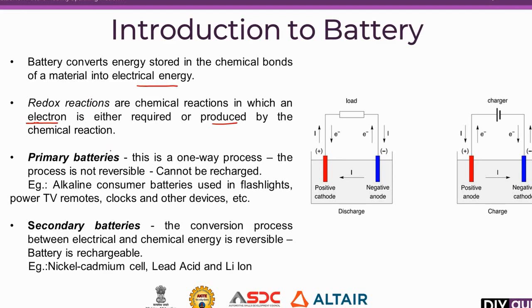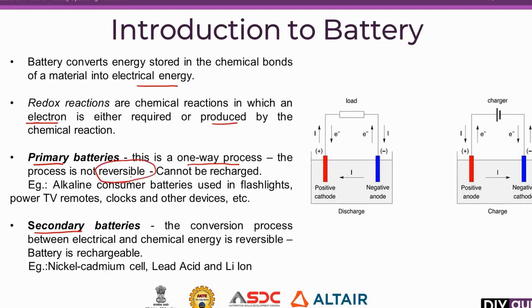Coming to the categories of battery, batteries are broadly classified into two major types. One is the primary batteries, another one is the secondary batteries. Primary batteries are a one-way process, where the process cannot be reversed.